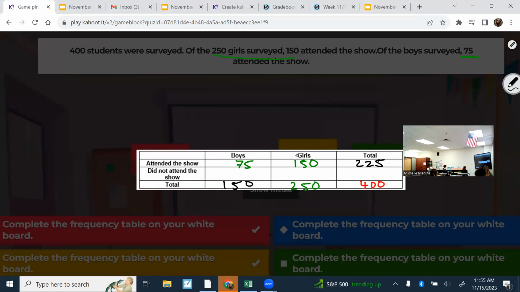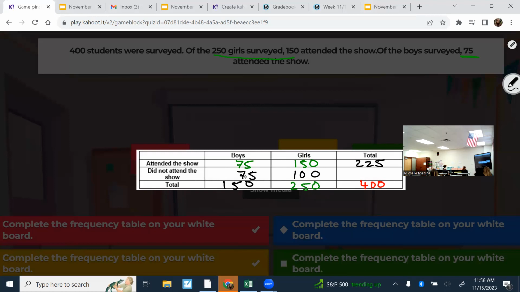For the girls, how many girls did not attend the show? 100, and I know that because you would have had to do 250 minus 150, that's 100. These need to add up to this total, right? So what else can I fill in? The boys that did not attend the show, which is how many?